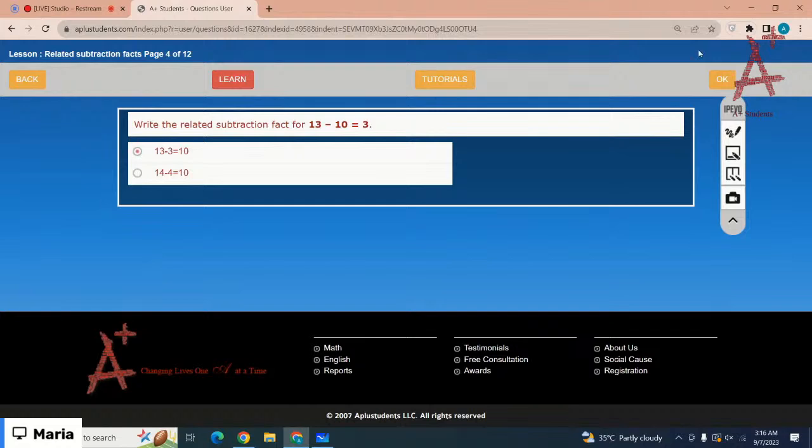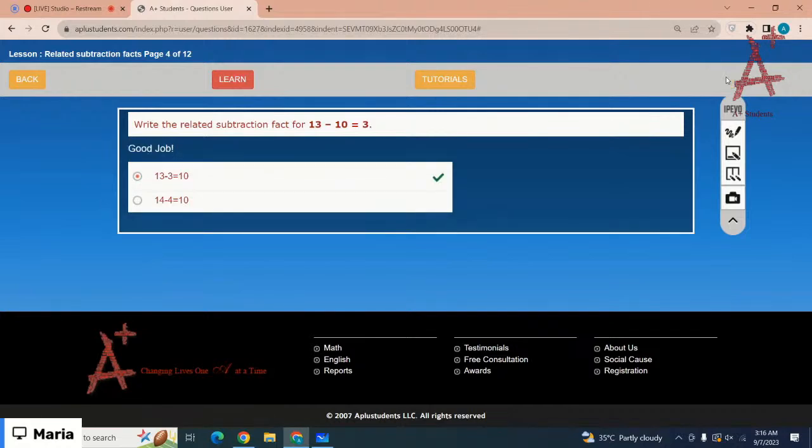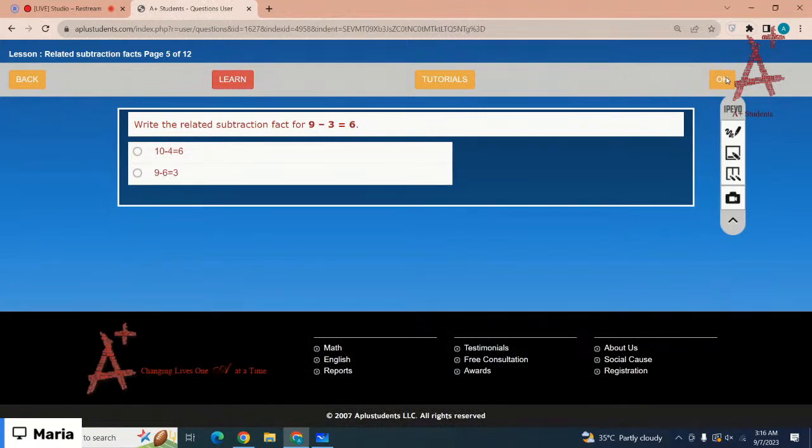That would be option number 1 is the correct option. Write the related subtraction fact for 9 minus 3 equals 6, which is the correct option.